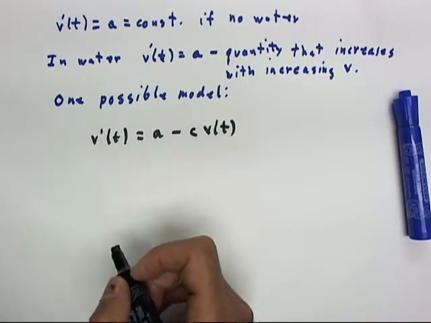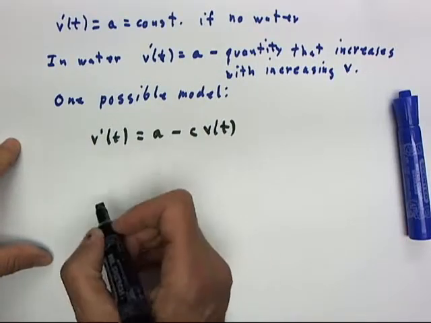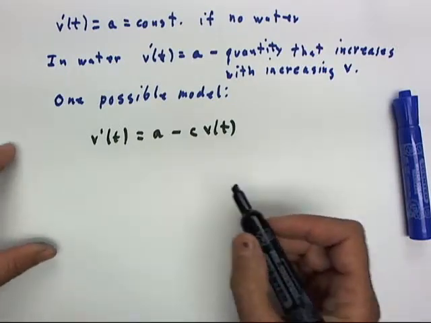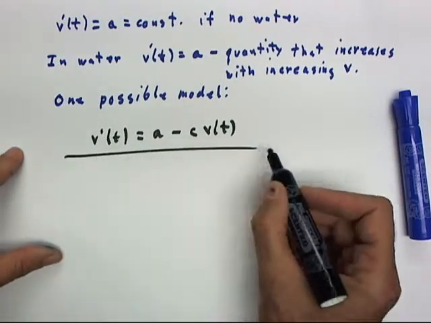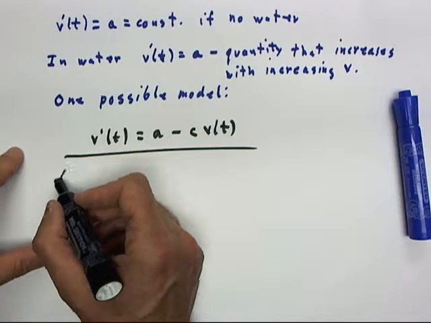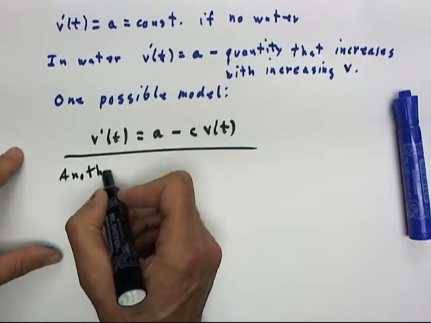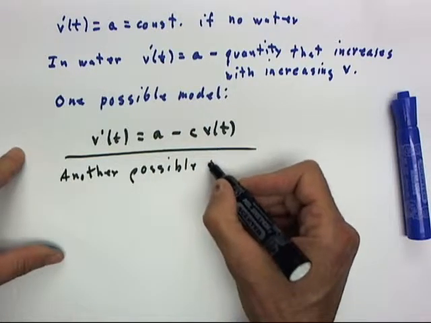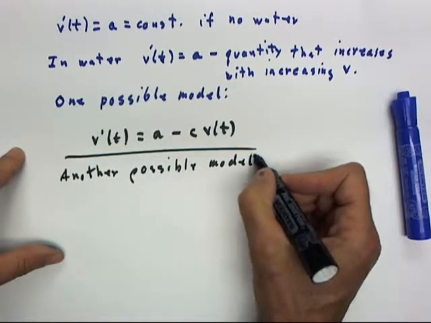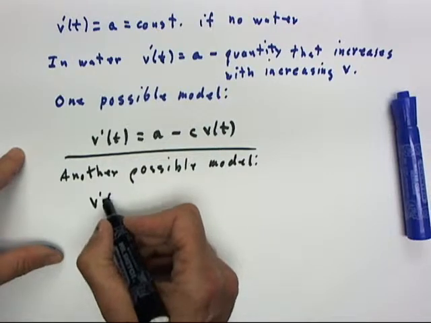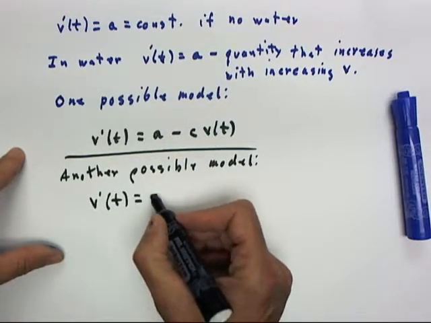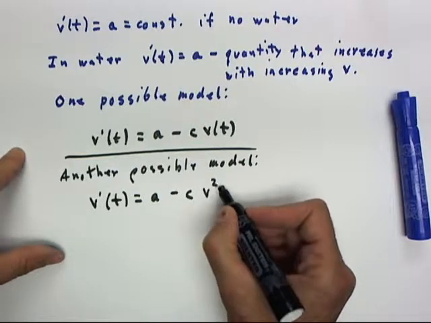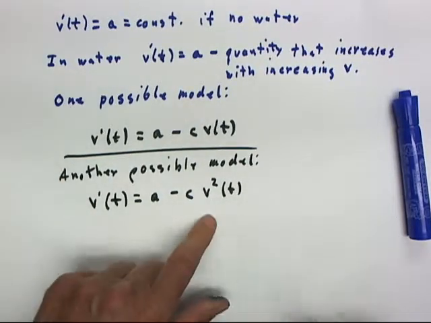Now it turns out that this is an equation that's not particularly difficult to solve, although we're not going to talk yet about how to solve it. Another possible model, very similar, would be v prime of t equals a minus some constant times the square of the velocity.